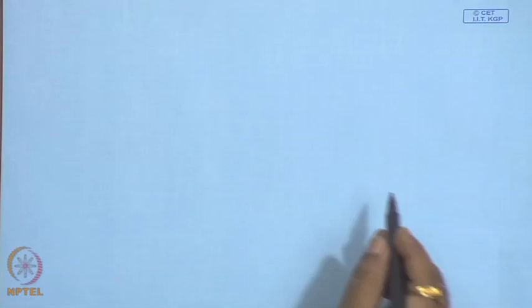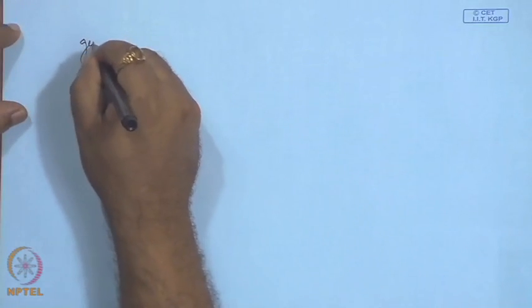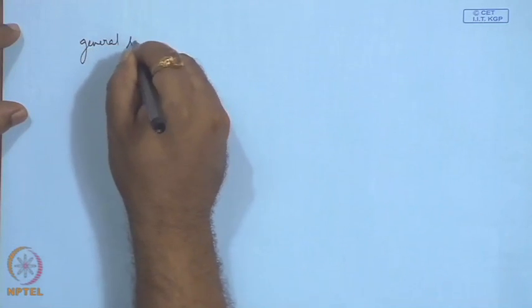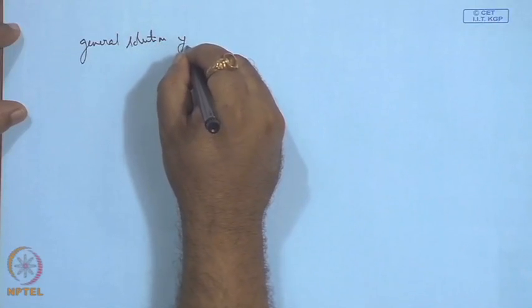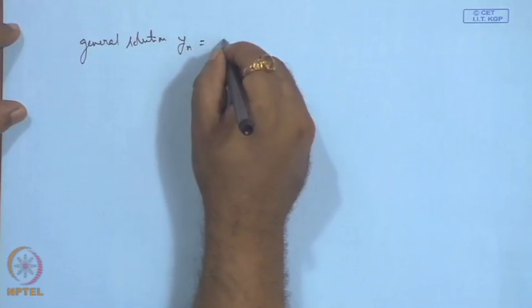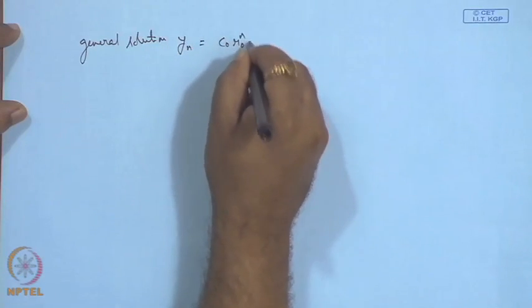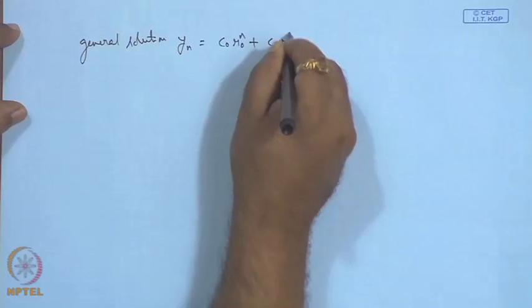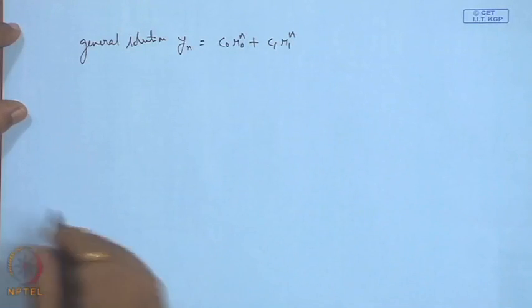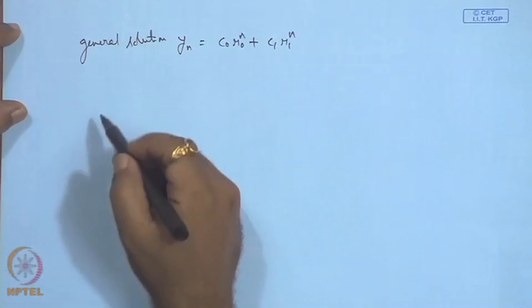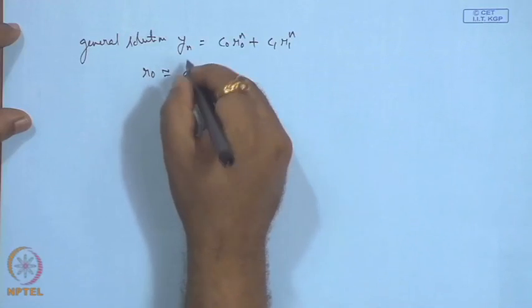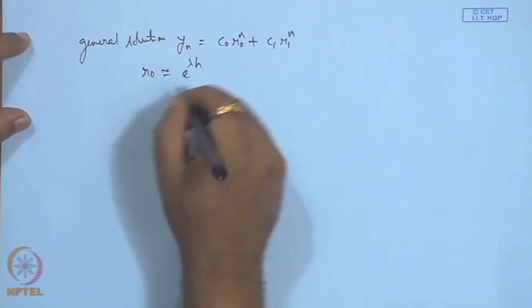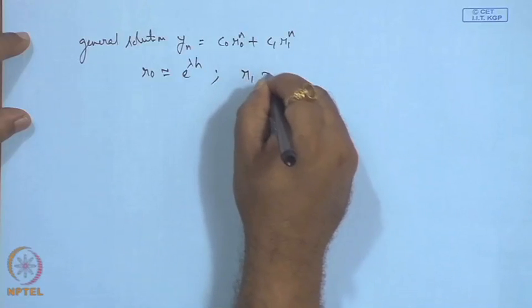However, once we have the roots, the general solution y n is given by C 0 R 0 power n plus C 1 R 1 power n. Okay. Right. So, where we have R 0 behaving like e power lambda h and R 1 behaving like this.